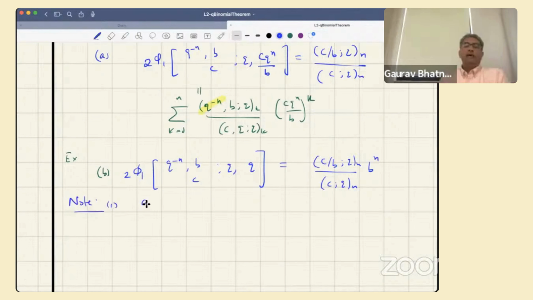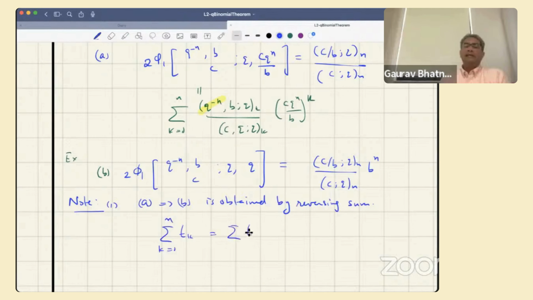So A implies B is obtained by reversing the sum, which means you'll write something like this as n minus k.